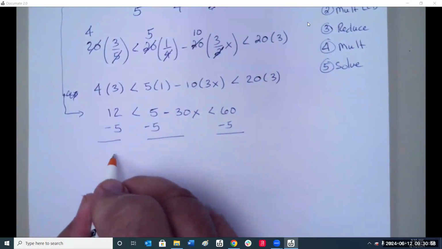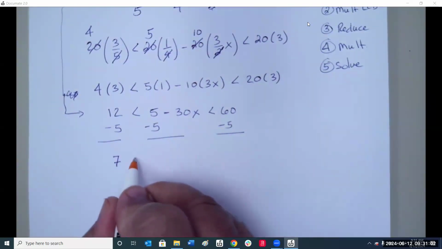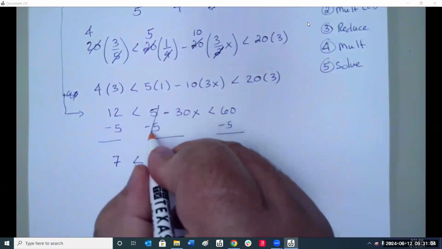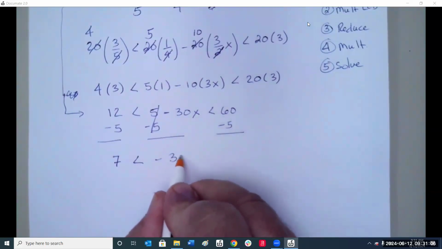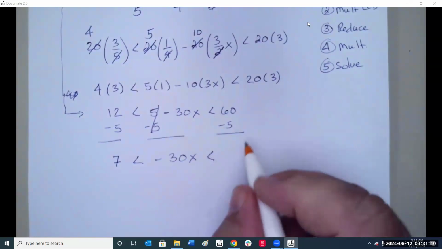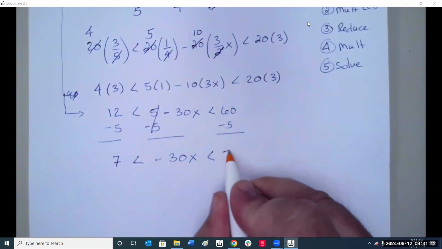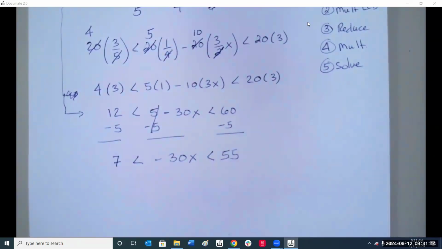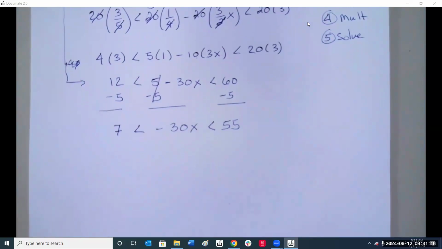12 minus 5 is 7. The 5's cancel, so we have negative 30x less than 60 minus 5 is 55. Now what do we do?